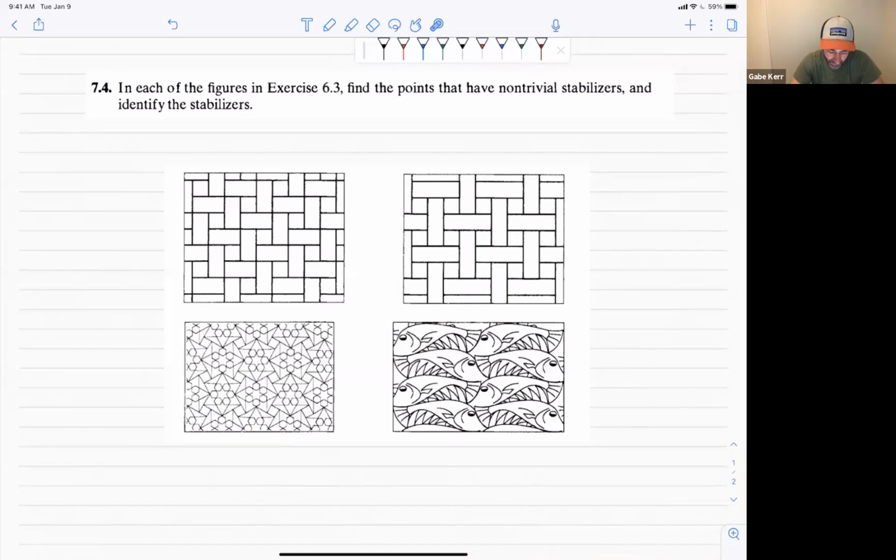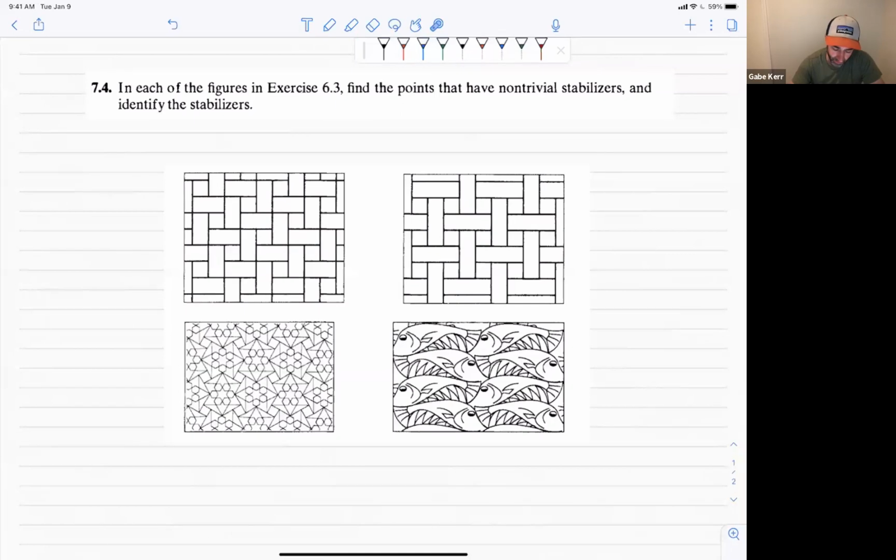Just sketch a little region of it, and then identify the points with non-trivial stabilizers. I think that might be enough.